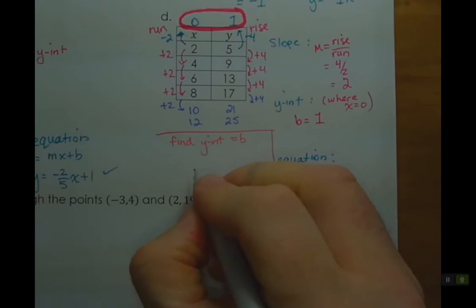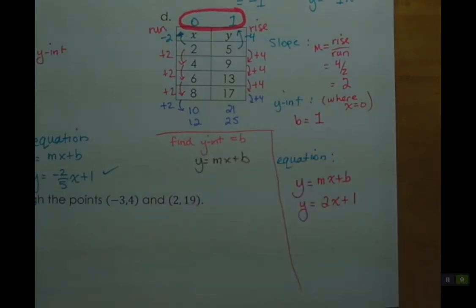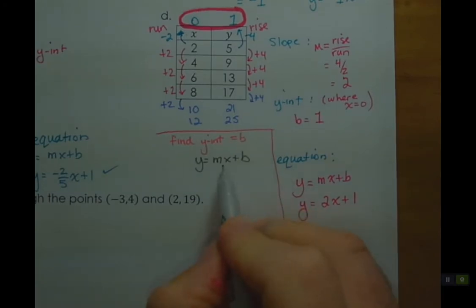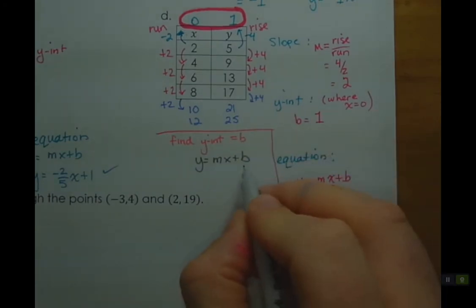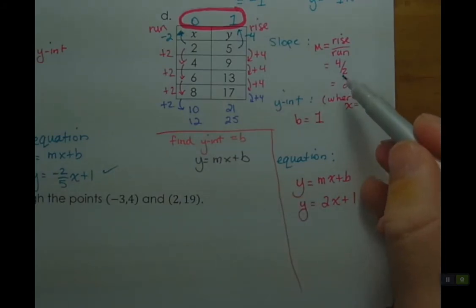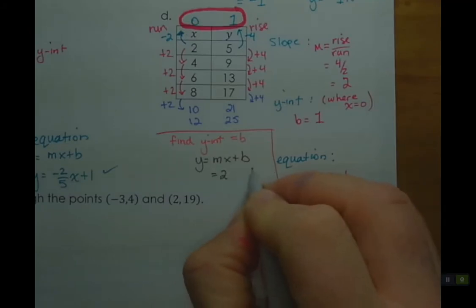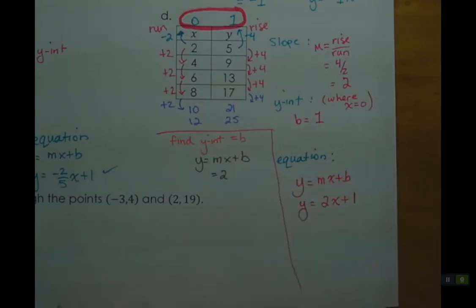And to do that, we're going to say y equals mx plus b. And then we're going to solve for b. We have to know m. Well, if I know m is 2, I can put 2 there for m.